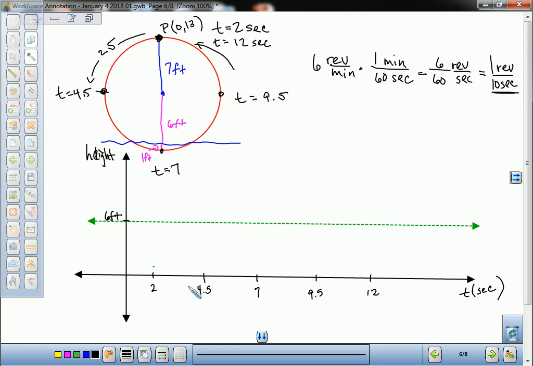Where would the crest of this wave lie? At 13. Where would the trough of this wave lie? At -1. So I know I'm going to go up to 13, and I'm going to come down to -1.